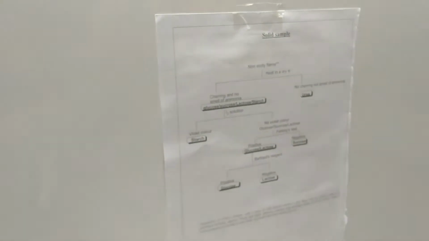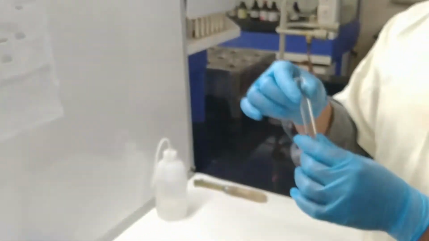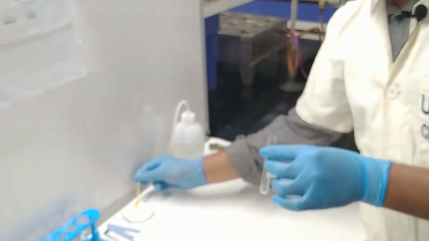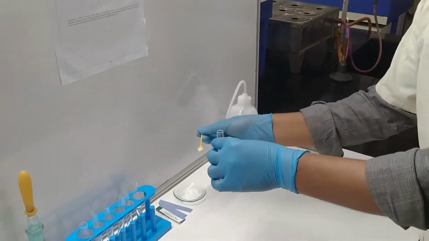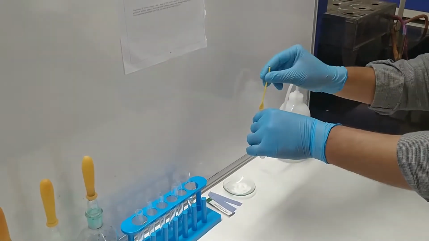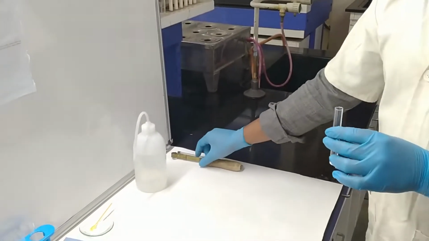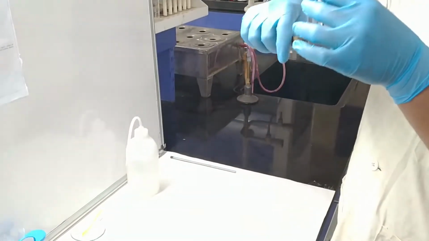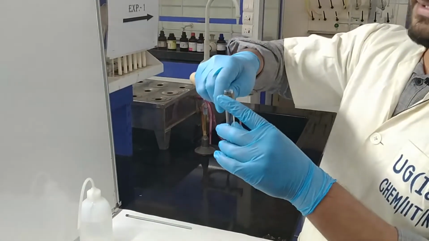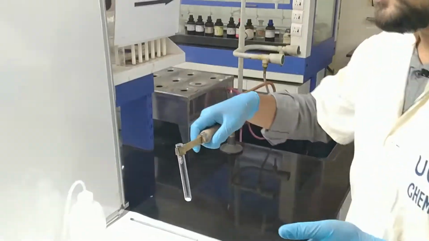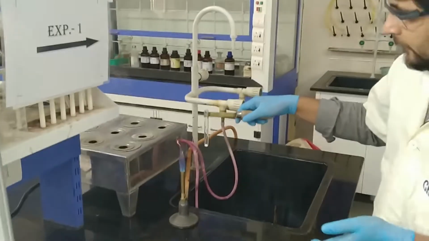Okay, so for that we have to take a dry test tube. So I just take the dry test tube from there, and here we have to pour some solid organic sample. Then using a test tube holder, we have to hold the test tube like this way, and this one we have to put directly into the flame.